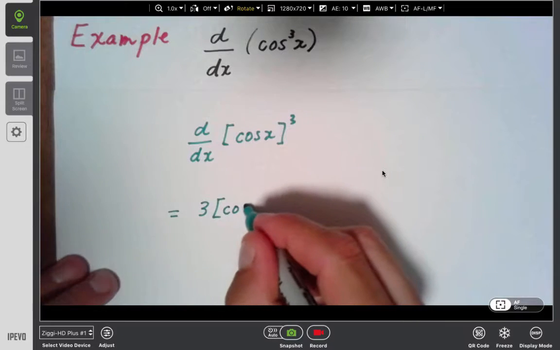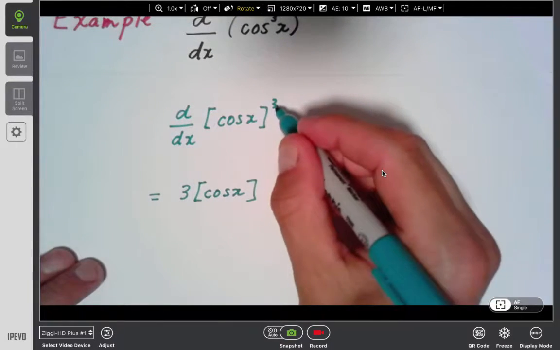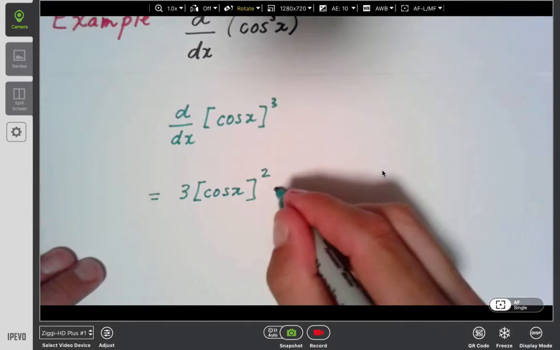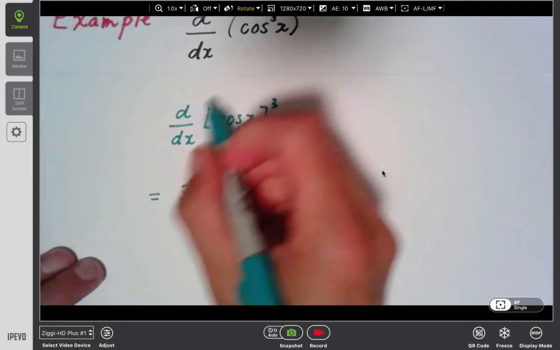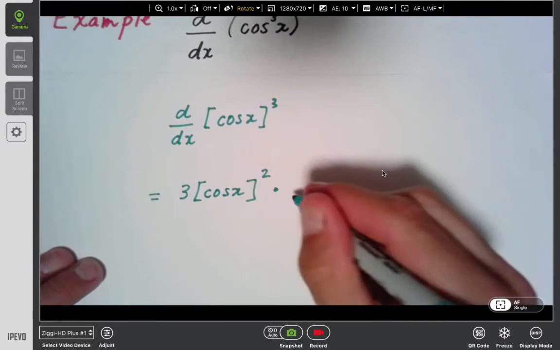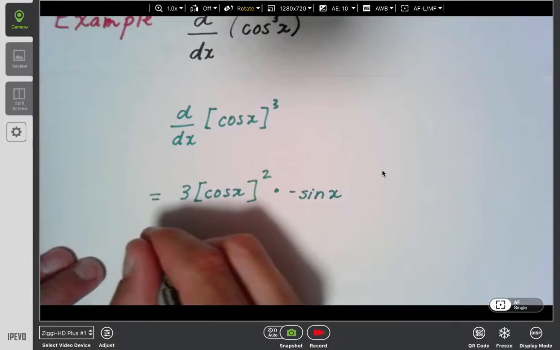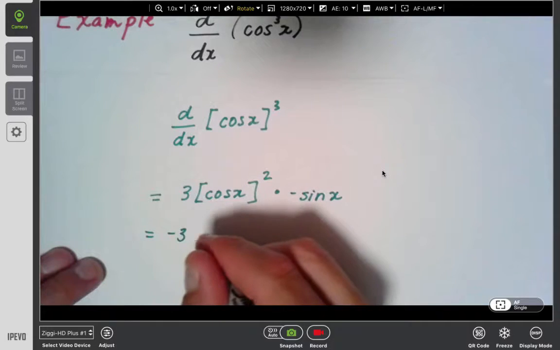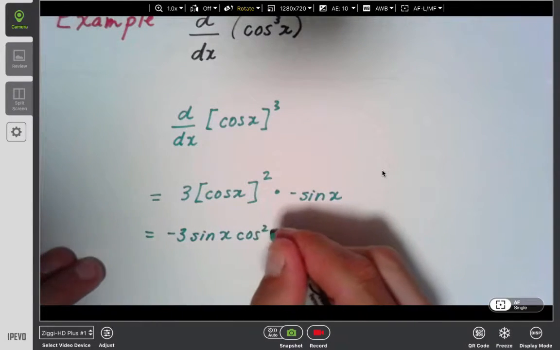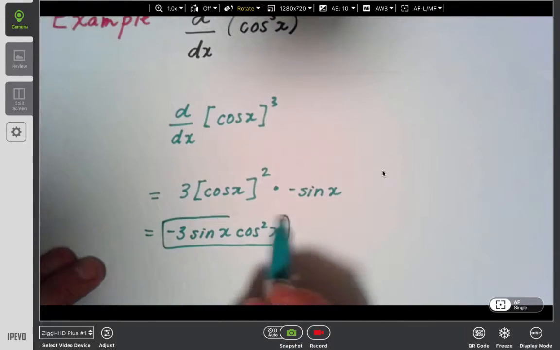The inside is cosine x. I'm using brackets here as grouping symbols. Remember, when you use a power rule, you subtract 1 off the power. So there is the derivative of the outside times the inside times the derivative of the inside, which is negative sine of x. When I simplify I get negative 3 sine of x cosine squared x. So there's our second answer.